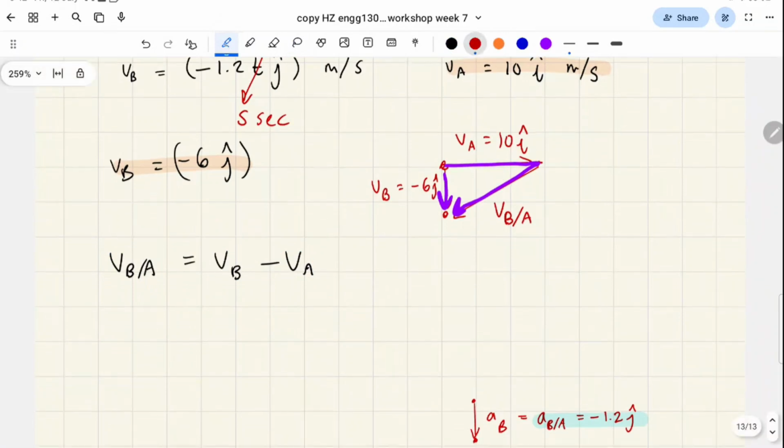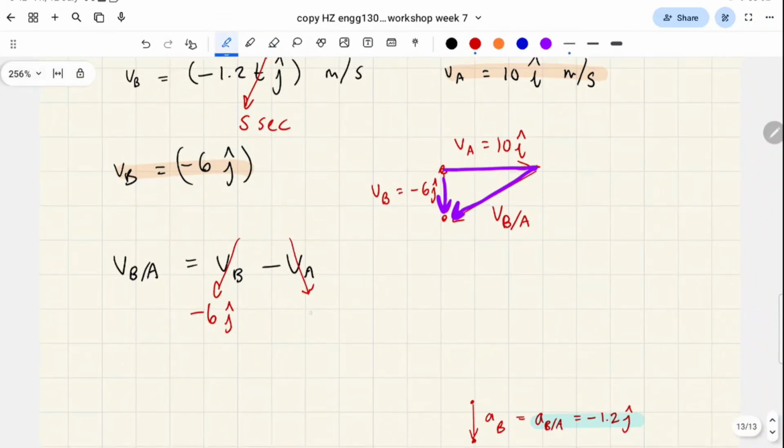So basically, we're going to sub in this value for VB. And we're going to sub in this value for VA. So the reason why I've done it in terms of unit vectors is because they're not going in the same dimension, right? You can't subtract the numbers directly. You have to subtract them as if they're vectors, right?